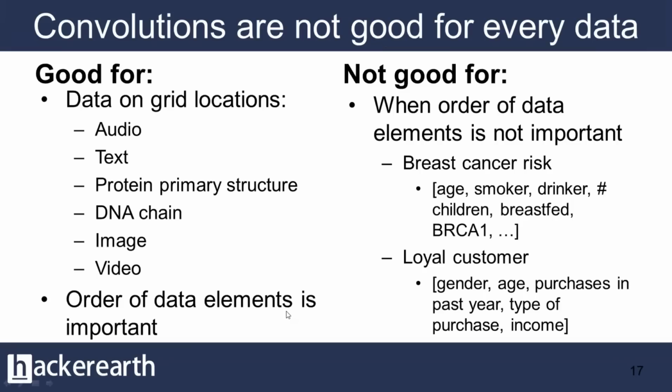So what are convolutions good for? Convolutions are good for data that comes on a grid. Okay, so this is very important. If you think of audio, audio is samples of a sound signal. Text is letters in an order, and protein structure is amino acids in an order, and DNA is nucleotides.